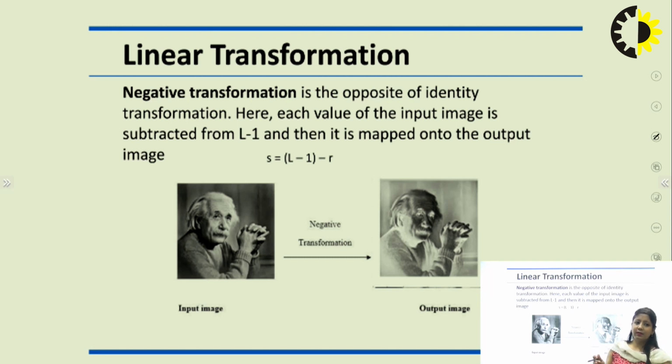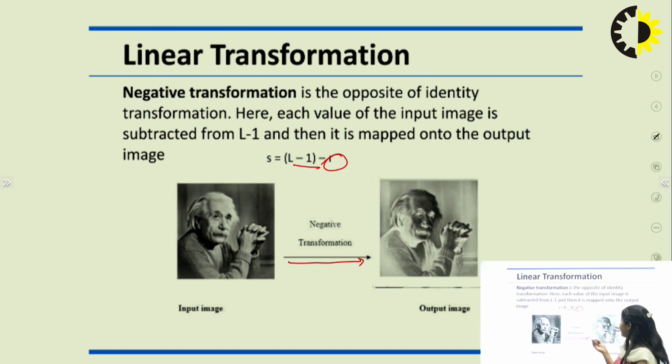As we know, when we capture any photograph, the negative is stored in the camera reel. So this is a negative transformation. How can we calculate the negative transformation? We have the original pixel value R, and L minus 1, where L is the number of gray levels, so the highest intensity.